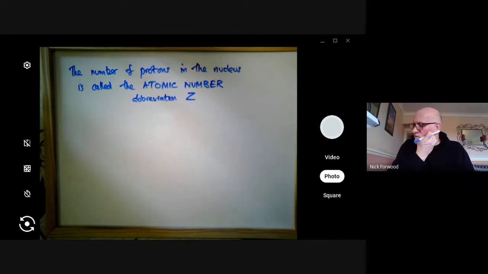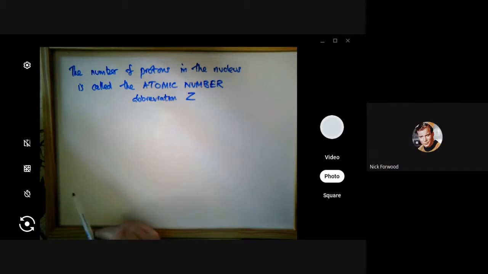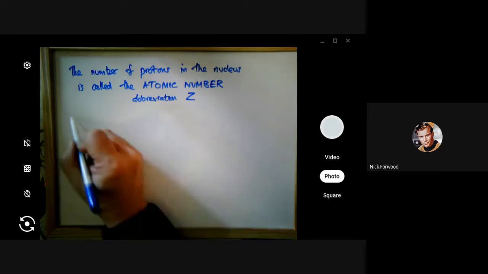So this atomic number, or the Z or proton number, tells you the number of protons in the nucleus, and it also tells you the number of the element in the periodic table. So here's an example.